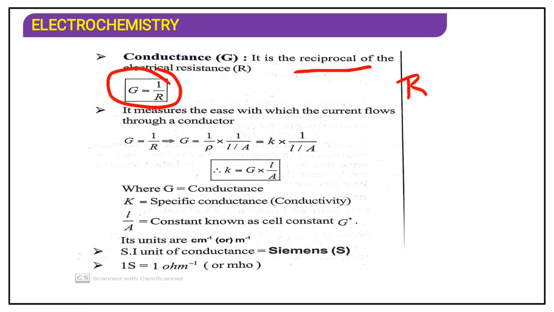Very important are the formulas for conductance. We already mentioned that conductance G is equal to 1 by R. In the place of R we substitute the R formula. What is the R formula?